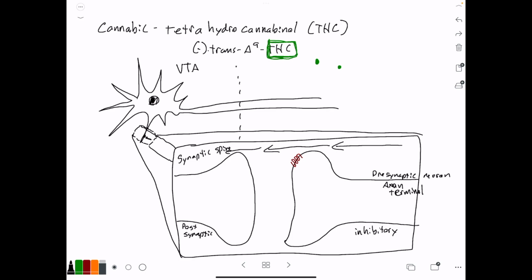This one here specifically is CB1, cannabinoid receptor 1.